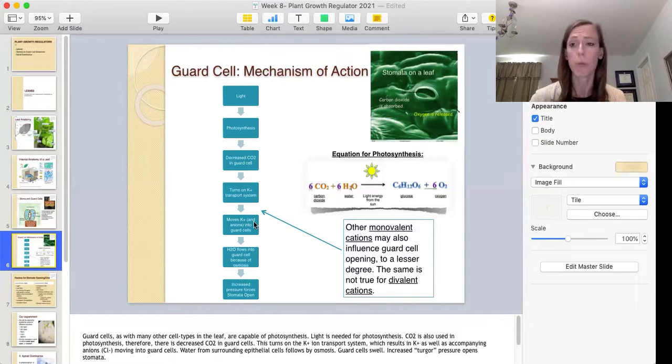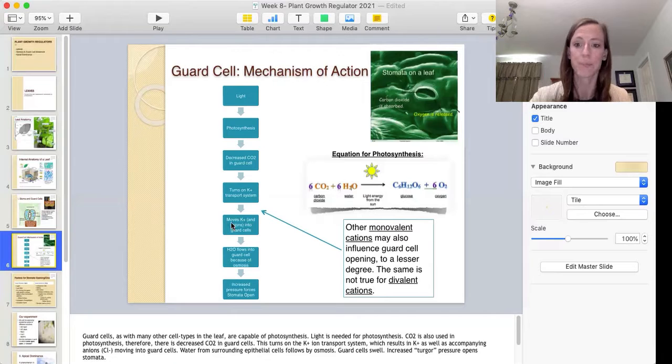So those will both move into the guard cell. And because of what we know about osmosis, water is going to follow the movement of ions to even out the concentration gradient. So water is going to flow into the guard cell, and that is what's going to increase the turgor pressure. The increased pressure, through an increase in water inside the guard cell, is what's going to allow the stoma to open.